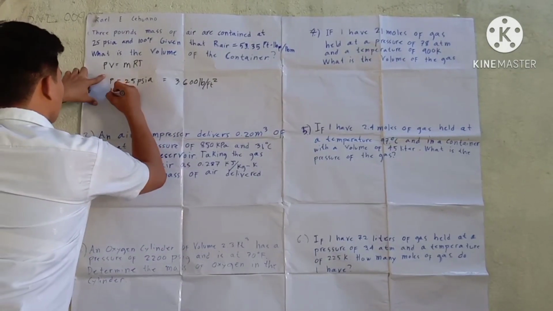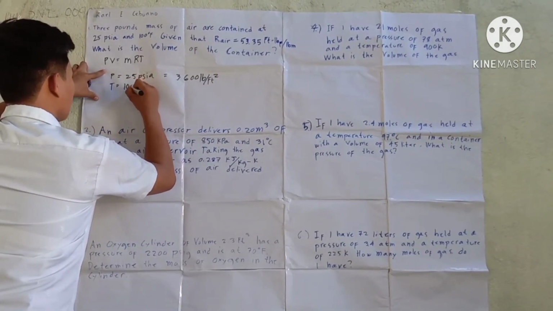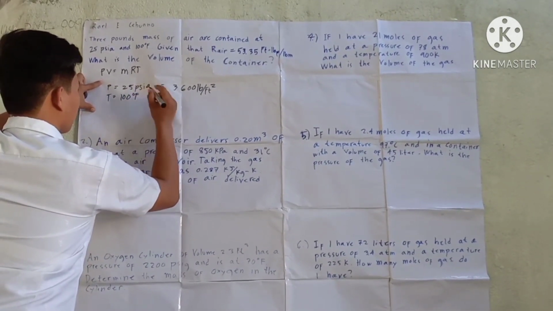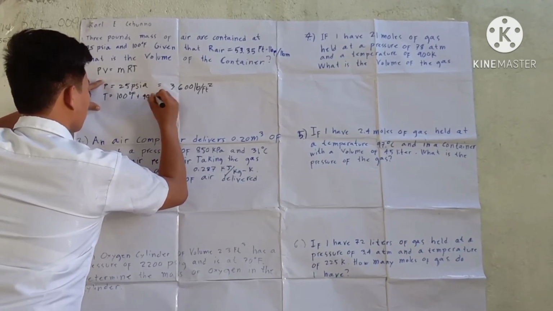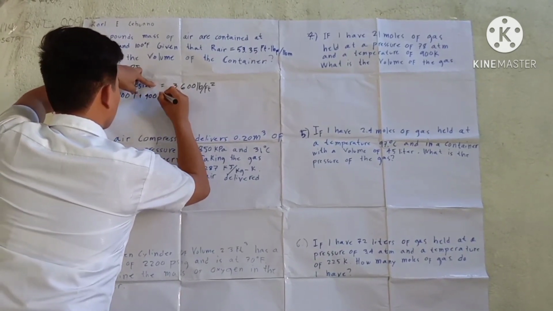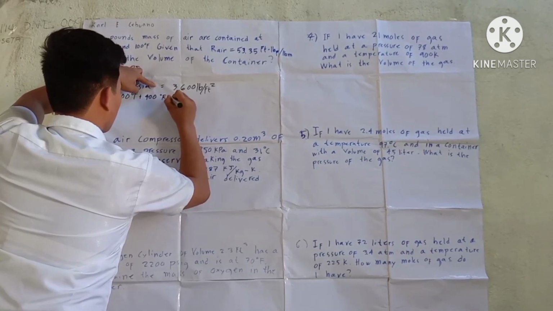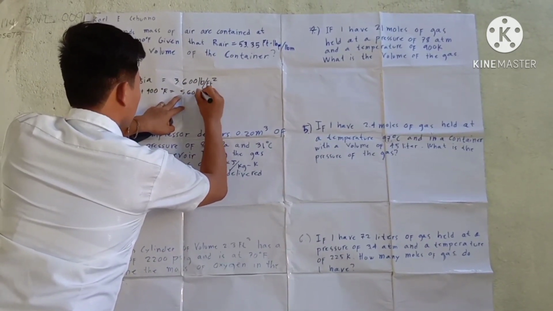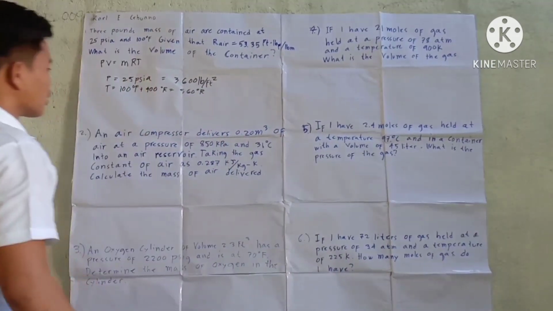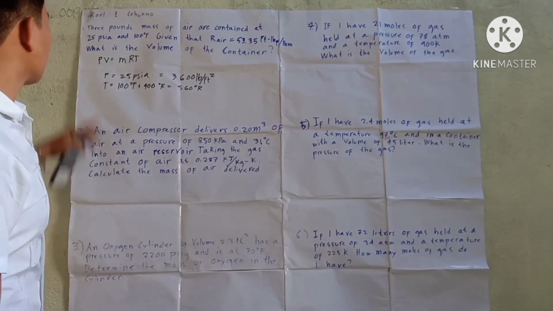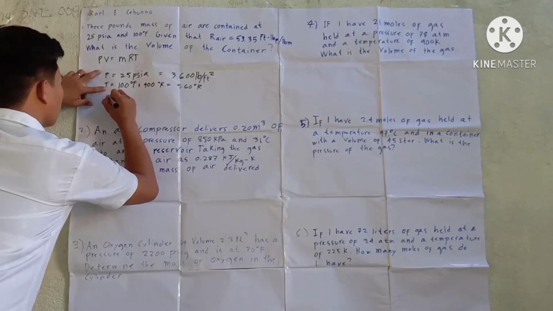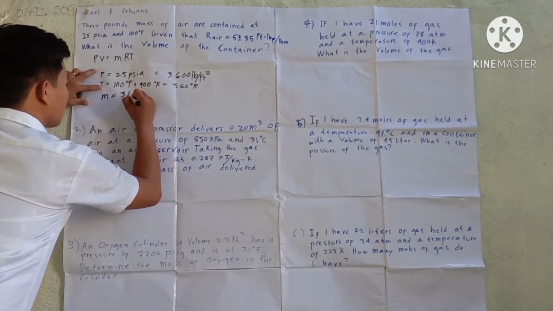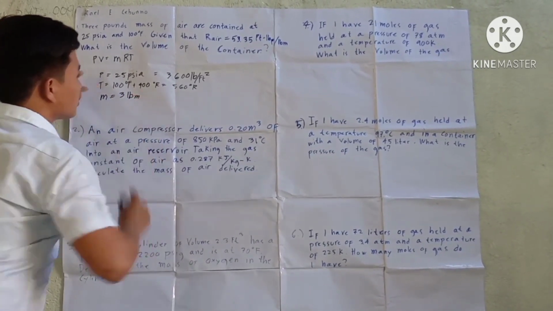So T equals 100 degree Fahrenheit plus 460 Rankine equals 560 Rankine. So since the mass is given 3 pounds, mass equals 3 pound mass.